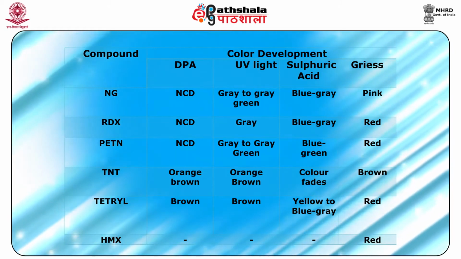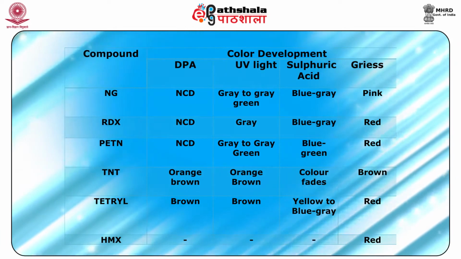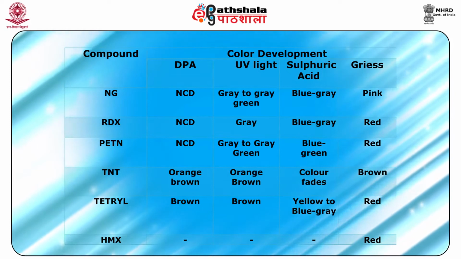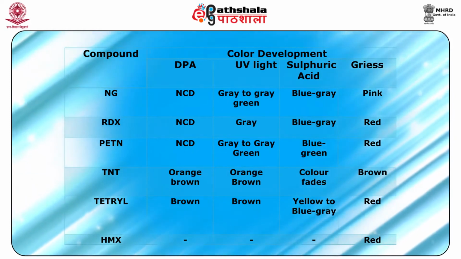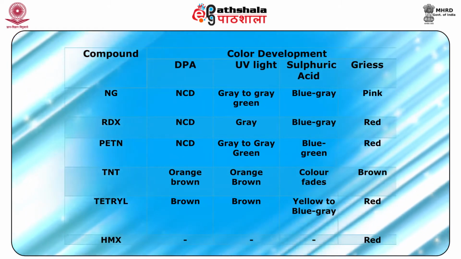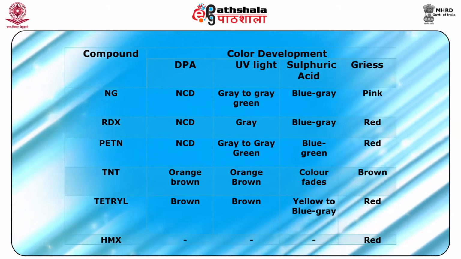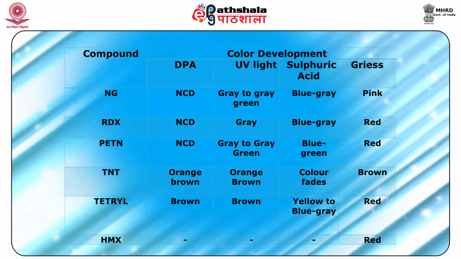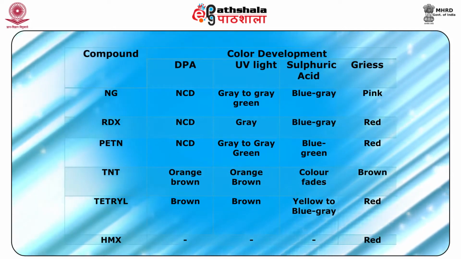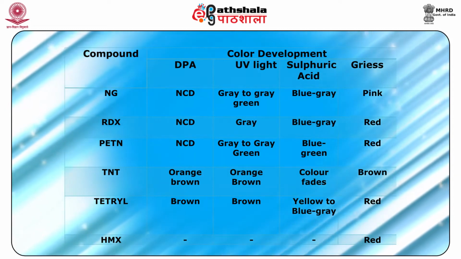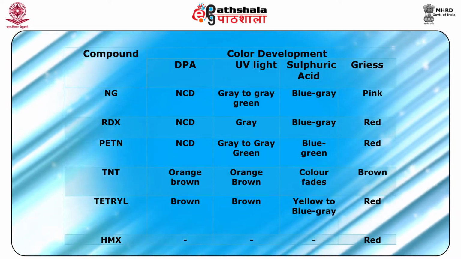As you can see in this table, if the compound is nitroglycerin, with the DPA spraying reagent there is no color developed. Under UV light there is a grey to grey green. When sprayed with sulfuric acid a blue to grey color is obtained, and using Griess reagent notice a pink color is obtained. A similar treatment is done on RDX, that is, if your blast residue contains RDX.